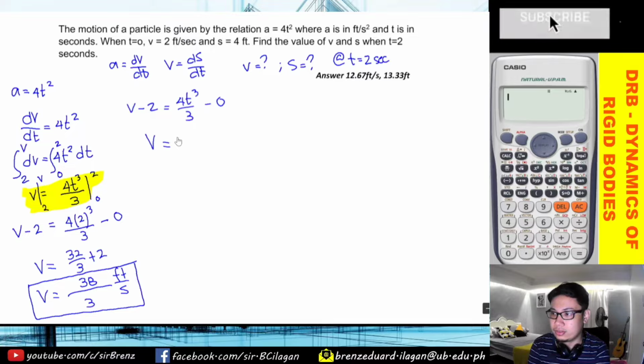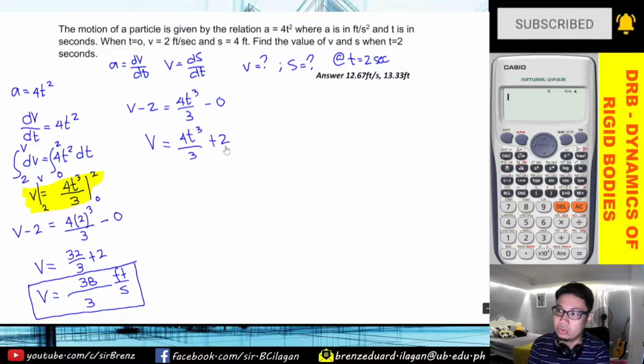So v is equal to 4t cubed over 3, and then transpose to the other side, so it becomes plus 2. This is your equation for velocity.